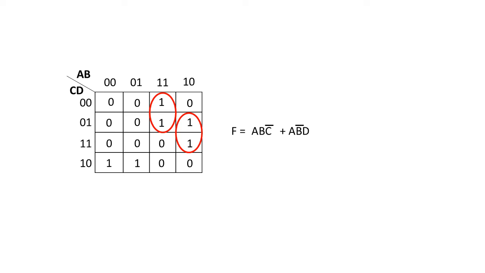See, the position of D is 1 for both the fields, but the position of C is 0 for the first field and 1 for the second field. That is why we have eliminated C and we have taken D. Along with D we have also taken A and B, because for these two fields the positions of A and B are also the same: 1 0, so A is 1 and B is 0, that is why we have taken not B, followed by D. D is also 1.